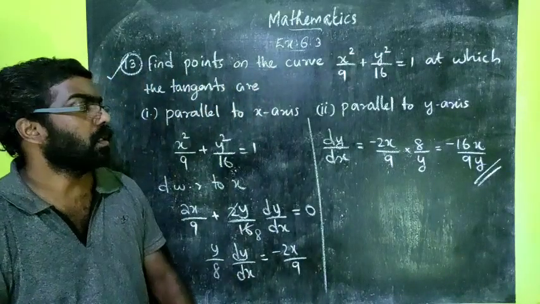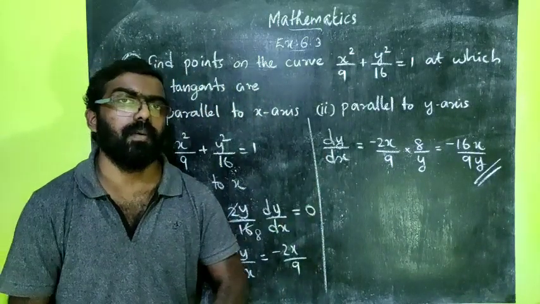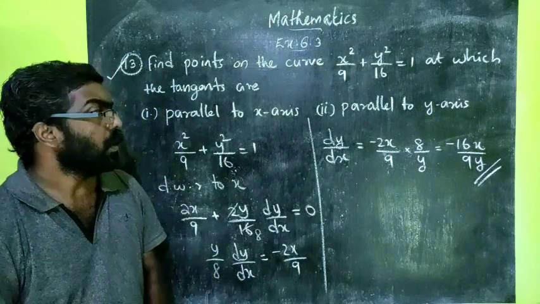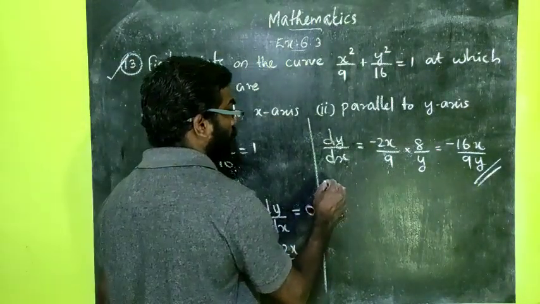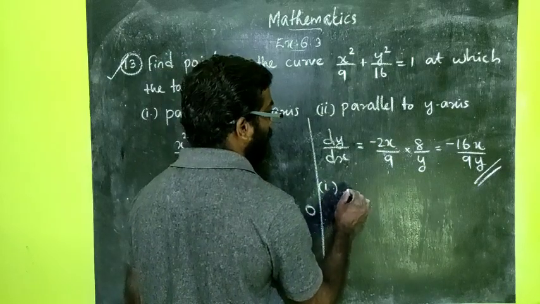dy by dx is equal to minus 16x divided by 9y. Now we can take the first one, tangent parallel to x-axis.